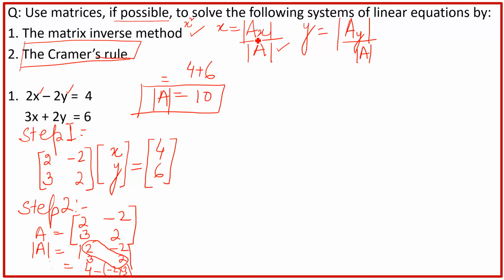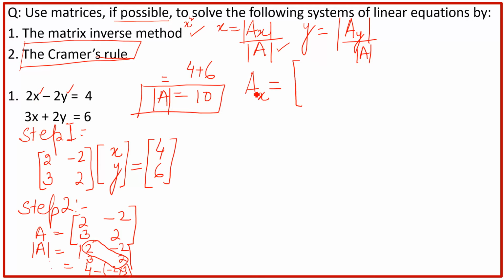Now we are going to calculate this A_x. See how easy it is. First I will write down the matrix A_x equal to, so this is our matrix 2, -2. These two, 2 and 3, are the coefficients of x.